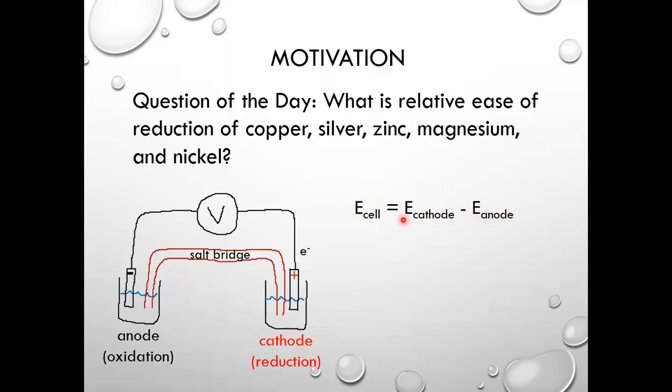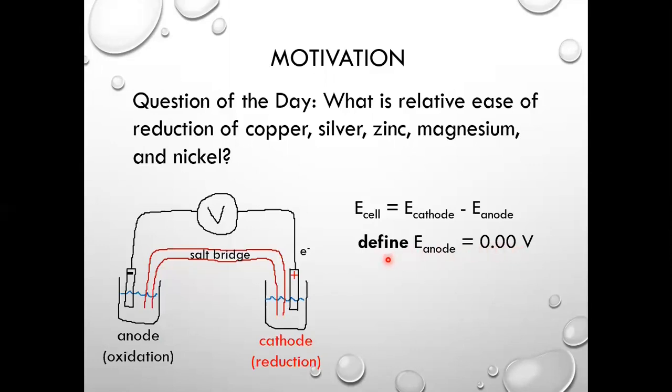We can get around this conundrum by making two distinctions in our experiment. One is that I'm going to maintain the same anode for all of my experiments. And secondly, I'm going to define the potential at that anode as exactly 0.00 volts.